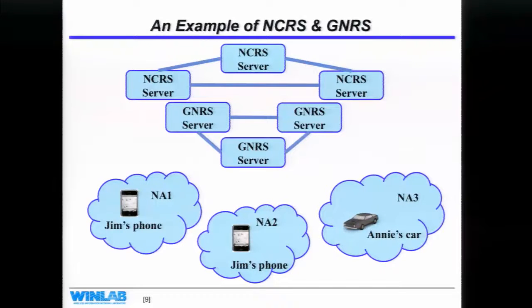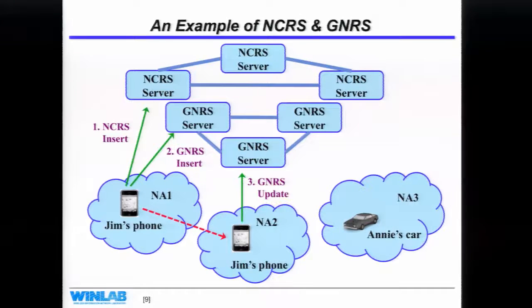Here is an example of how NCRS and the GNRS work together to support mobility. Here we have user James Fong in network NE1 who wants to register himself. So he first sends an NCRS insert to NCRS, providing his certificate information. Then he sends a GNRS insert to the GNRS, providing his GUID and network address binding. Later, he moves from network NE1 to NE2.